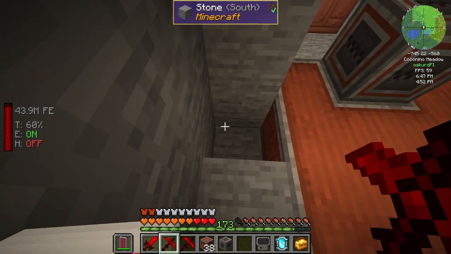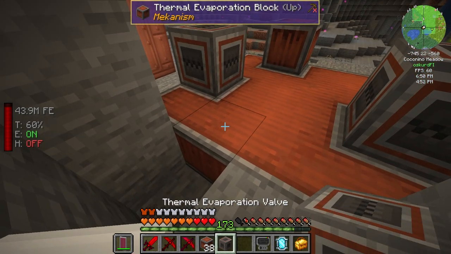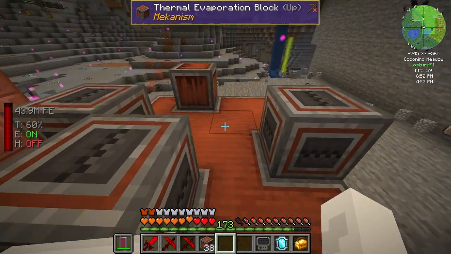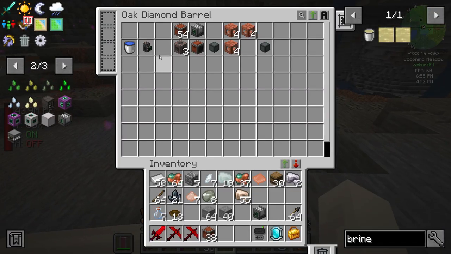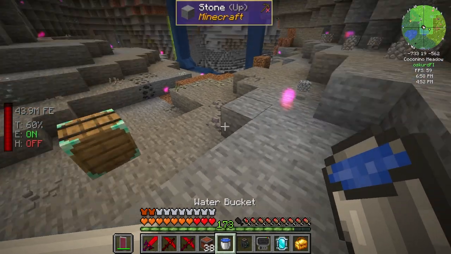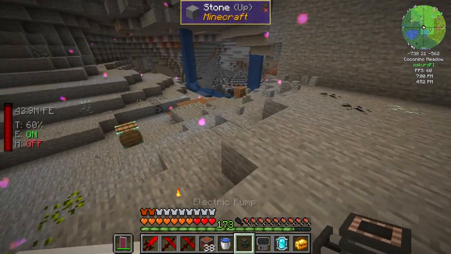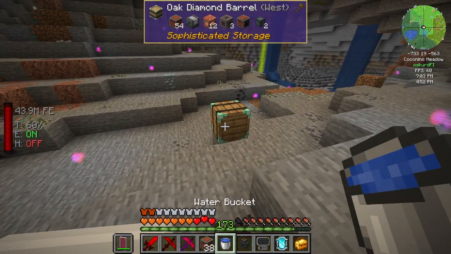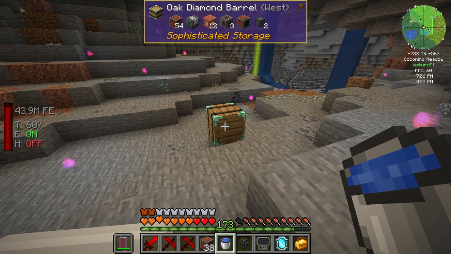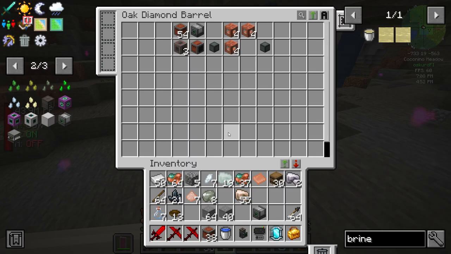Pump. Actually, water comes in here, and pump connects to this one directly. Although wait, what? No. False.